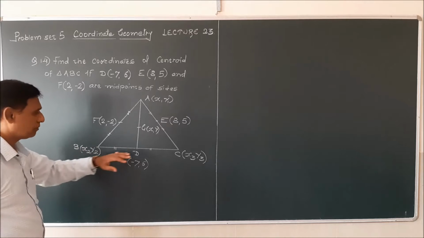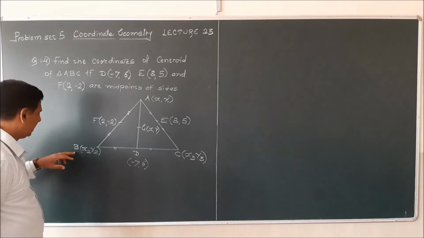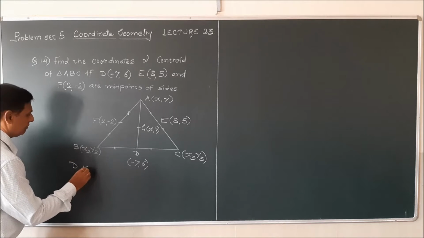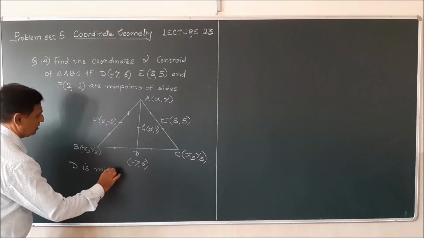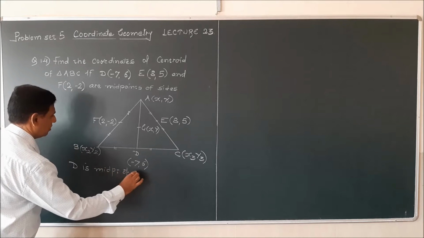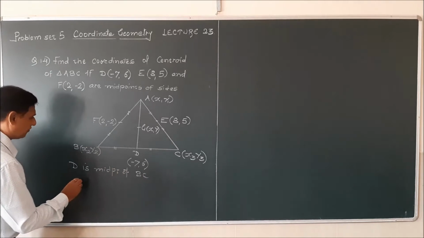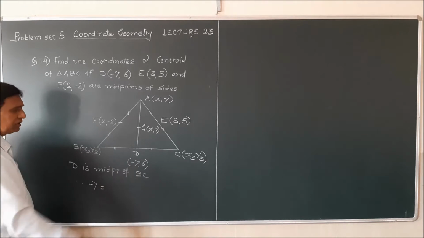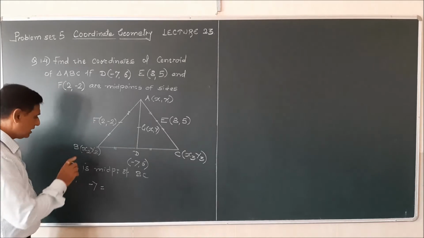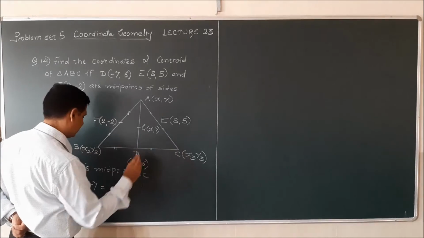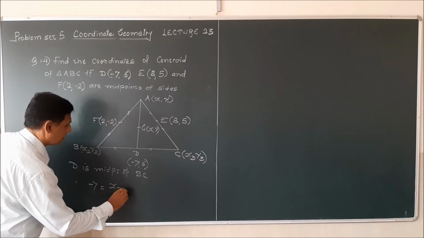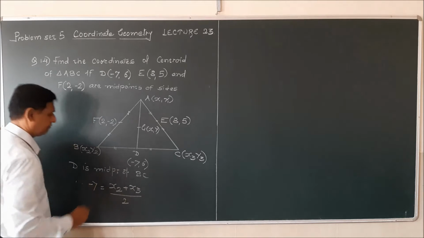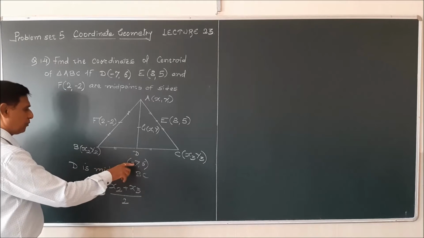If D is the midpoint of BC, what do I get to see here? Try to understand, the x coordinate of D is minus 7, which is equal to x2 plus x3 upon 2. Very clear by the midpoint formula.